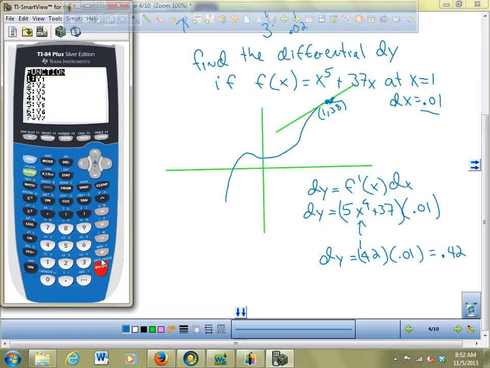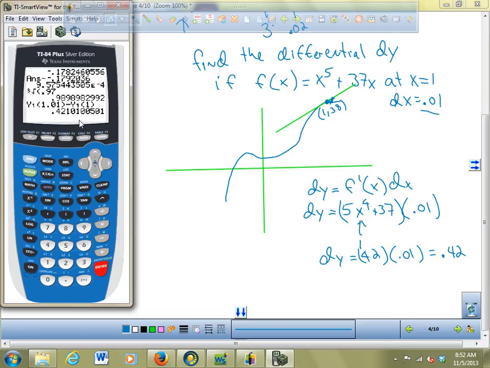You could do it like this: y1 of 1.01 minus y1 of 1. I should get something close to, if I did this correctly, 0.42. So by using the tangent line, I'm off by about 1,000th, instead of using the actual function.